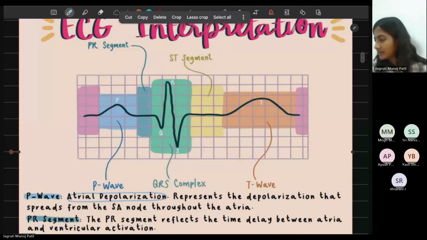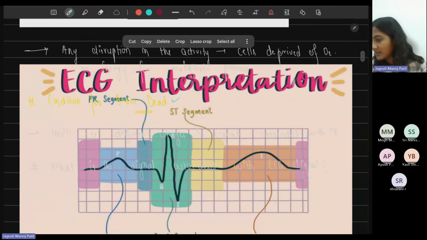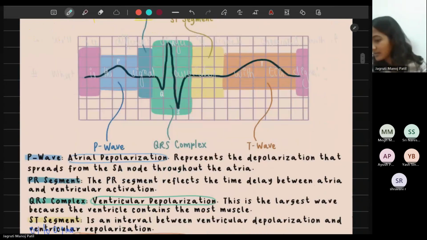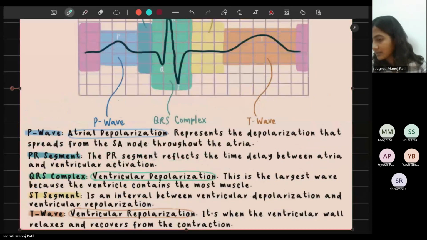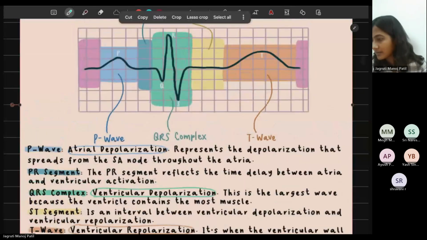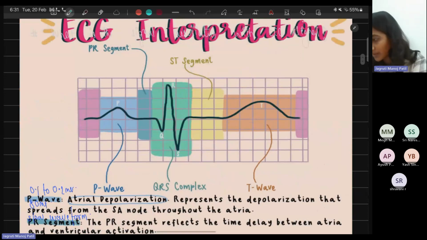Oh, what happened? Wait. It went somewhere. Okay, it came back.